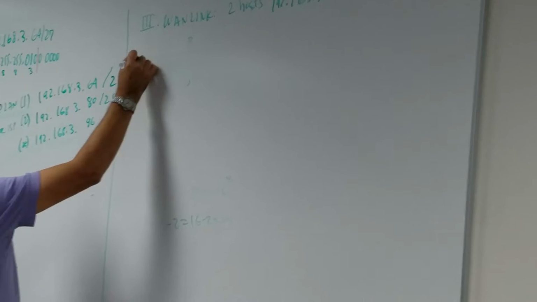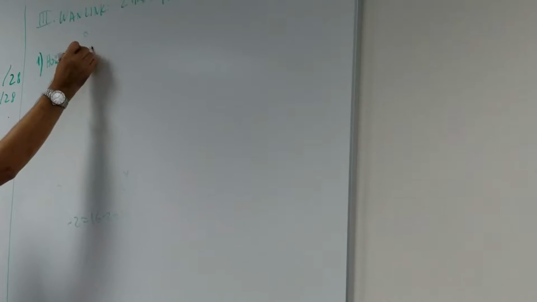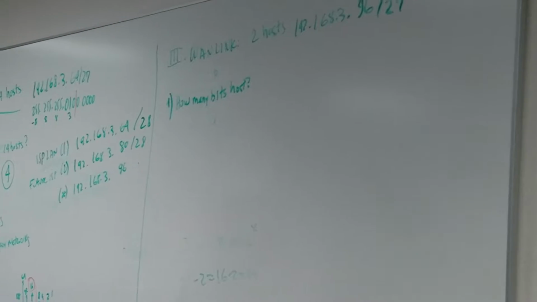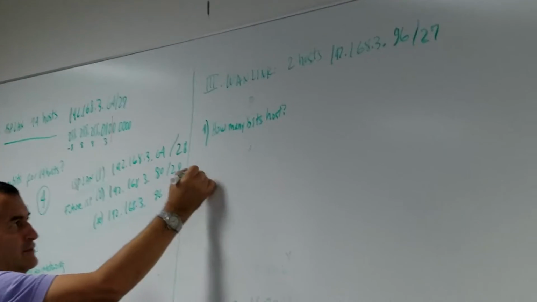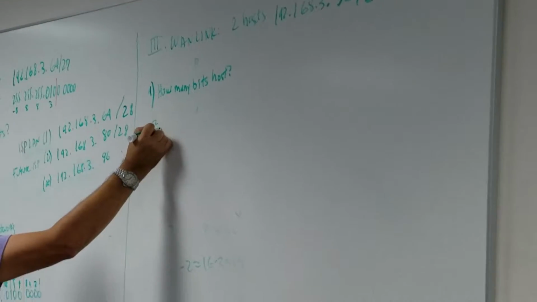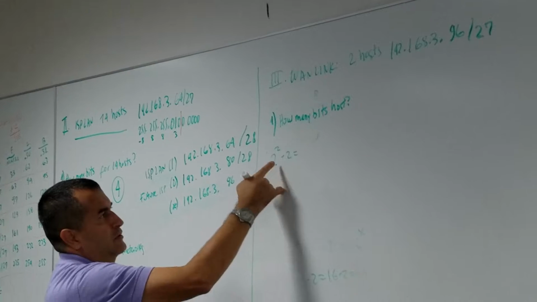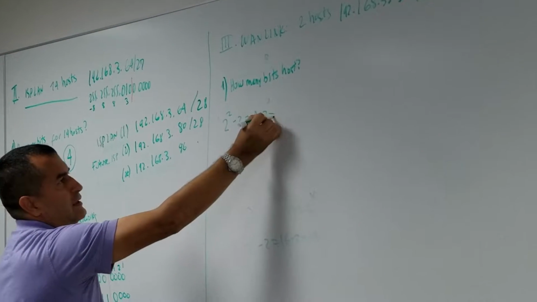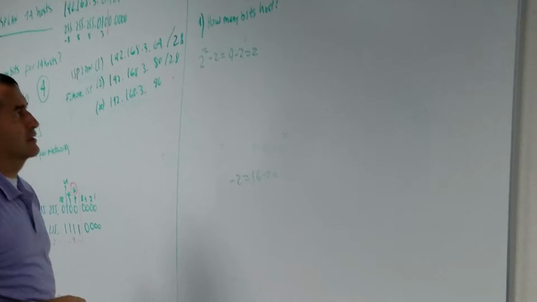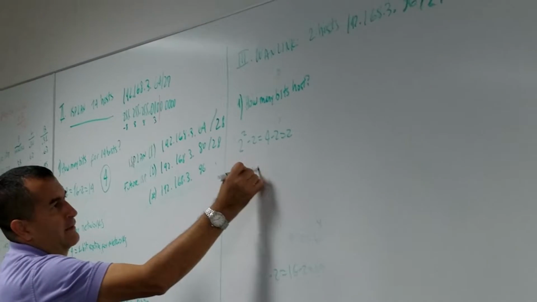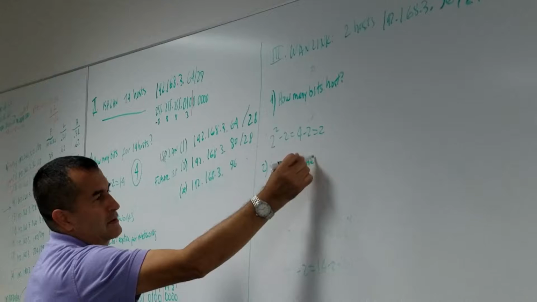So what do you do? Again, how many bits for the host part? How many bits do you think? Two maybe? Yep, 2 bits, so 2 to the power of 2 is exactly 4, which gives 2 usable addresses. All right. How many networks?